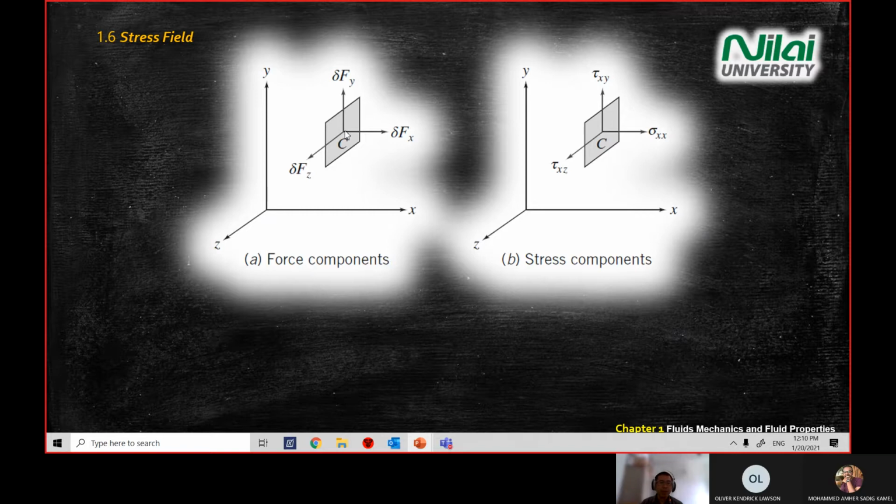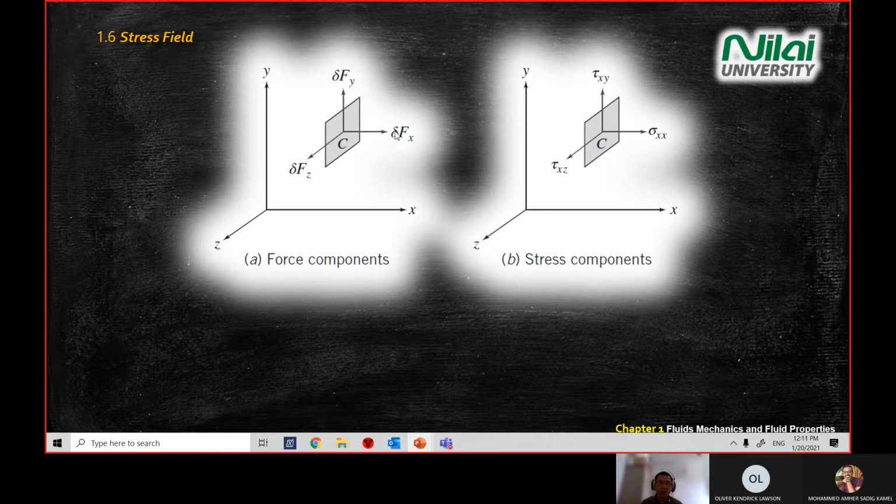All the force towards X direction, we write Fx. And again, you see this small symbol, del. It means a small change of the parameter next to it, because we assume that this is a very, very small element. So the force that can act on this small element is very small.